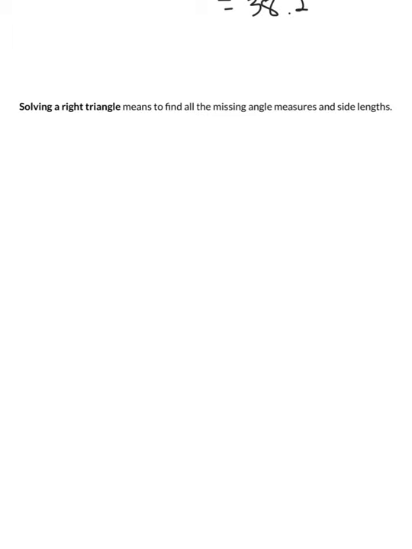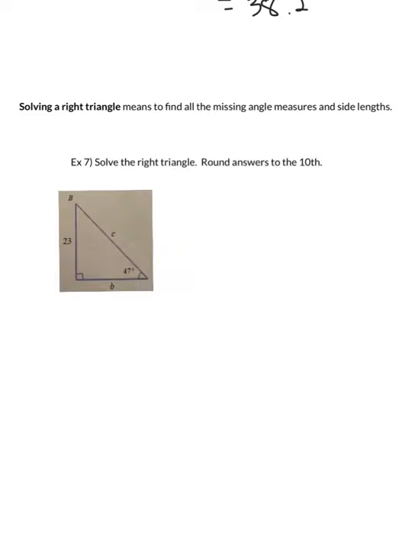When you are told to solve a right triangle, what that means is that you need to find all of the missing angles and any missing side lengths. For example 7, we are given a right triangle that we need to solve. Remember, if you have a right triangle, the right angle automatically takes up 90 degrees of the 180 degrees that are the measures of the three angles in a triangle.